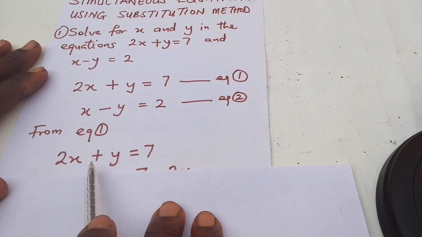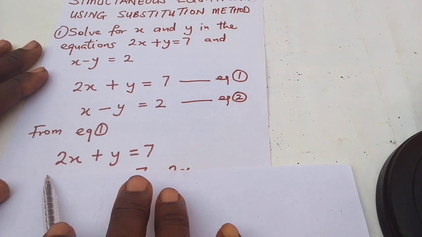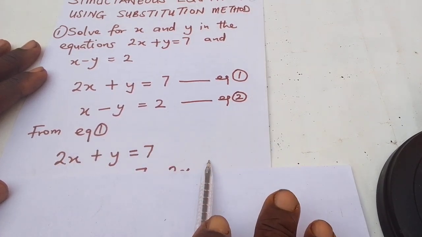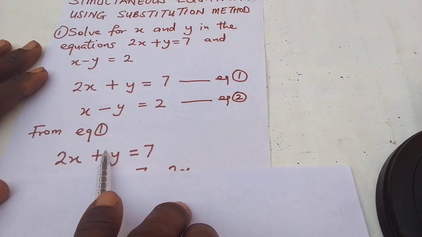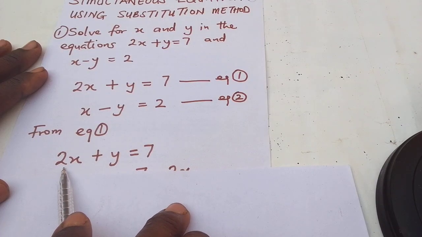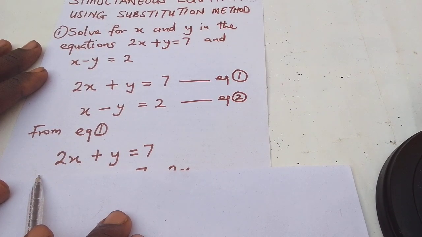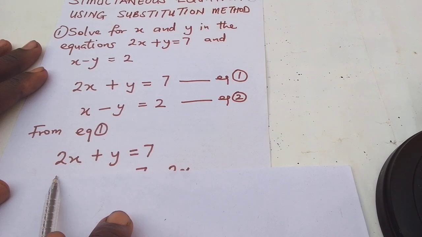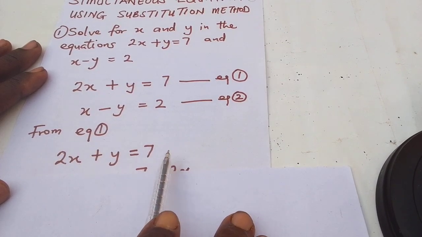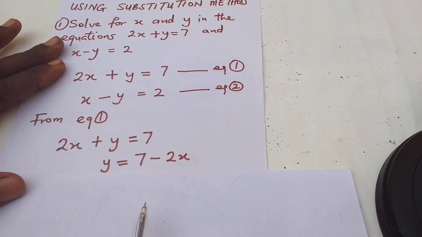It means that only y will be on this side, while the other variables will go to the other side. So if I want to bring this 2x to join this 7, this is plus 2x, and whenever plus crosses the equality sign, it turns to minus.